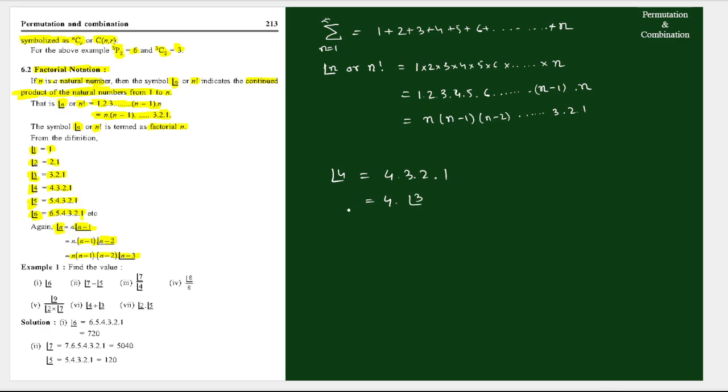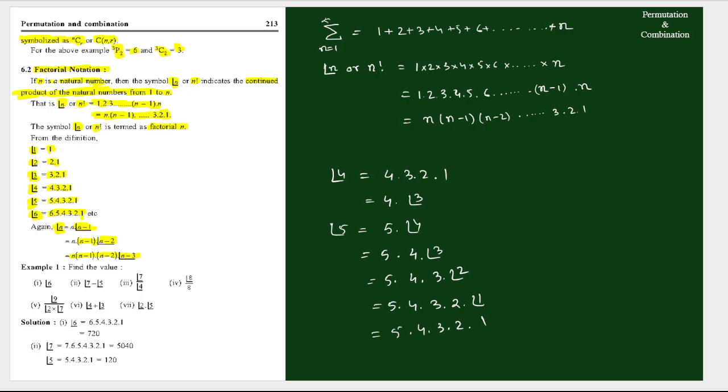Like this. Same, factorial 5. This is nothing but 5 into factorial 4. Very important concept. Or factorial 4 means 4 into factorial 3. Right? Factorial 3 means 3 into factorial 2. Factorial 2 means 2 into factorial 1. And factorial 1 means 1.